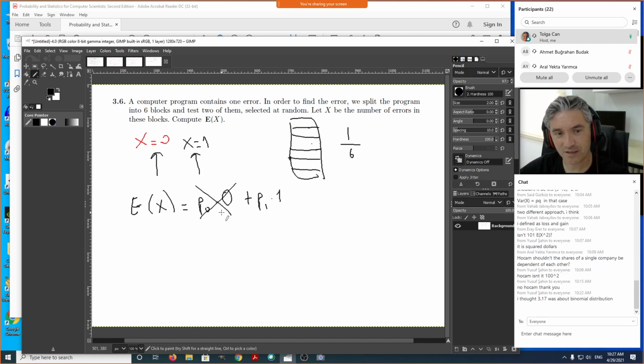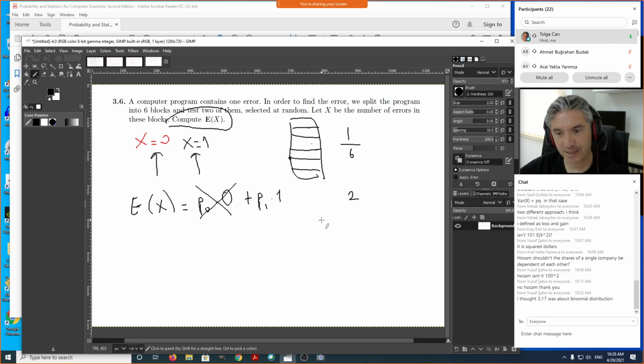Although it's not a difficult thing to do, you shouldn't bother computing this, because whatever probability you compute, you're going to multiply it with 0, since you're asked the expected value. Now, the only thing remaining is, when we select two blocks, what is the probability that one of them contains errors? So the probability to get 1 error.